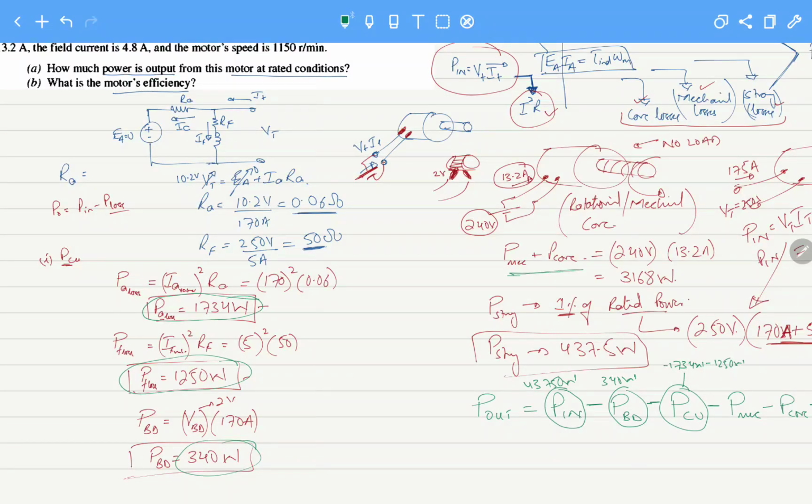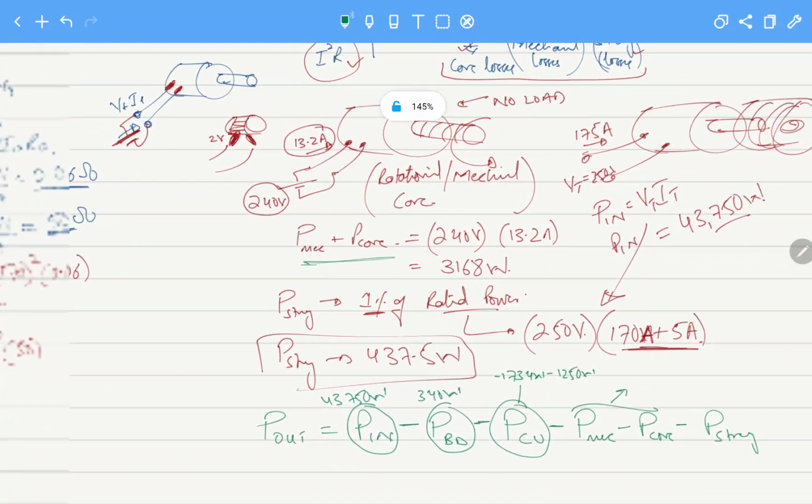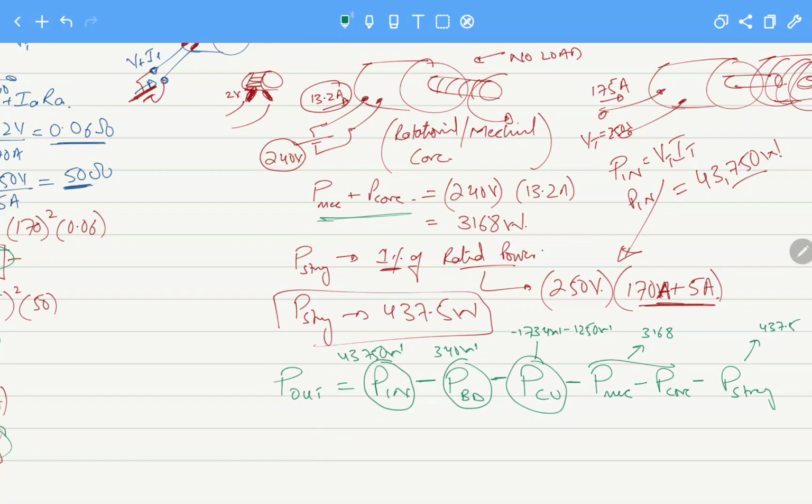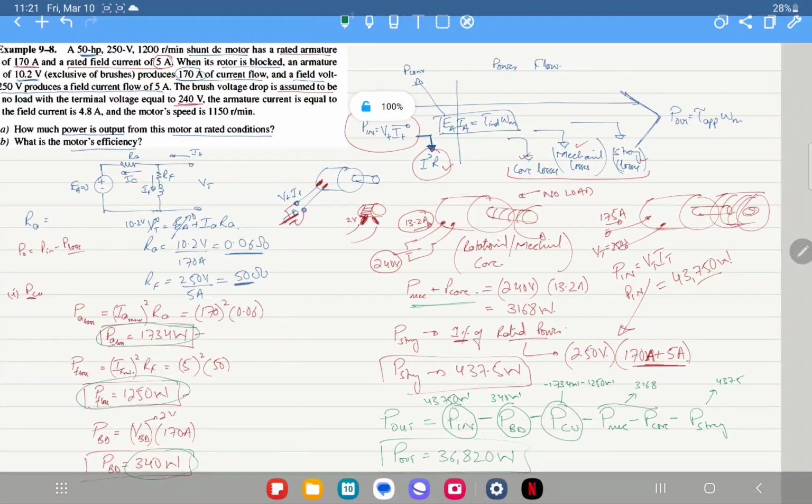We can add them. What were the mechanical and core losses? Both of these losses we calculated from the no load test, they were 3168 watts. What were the stray losses? 437.5. So if we apply all these, the P output will be 36,820 watts. This is the output power of the motor.